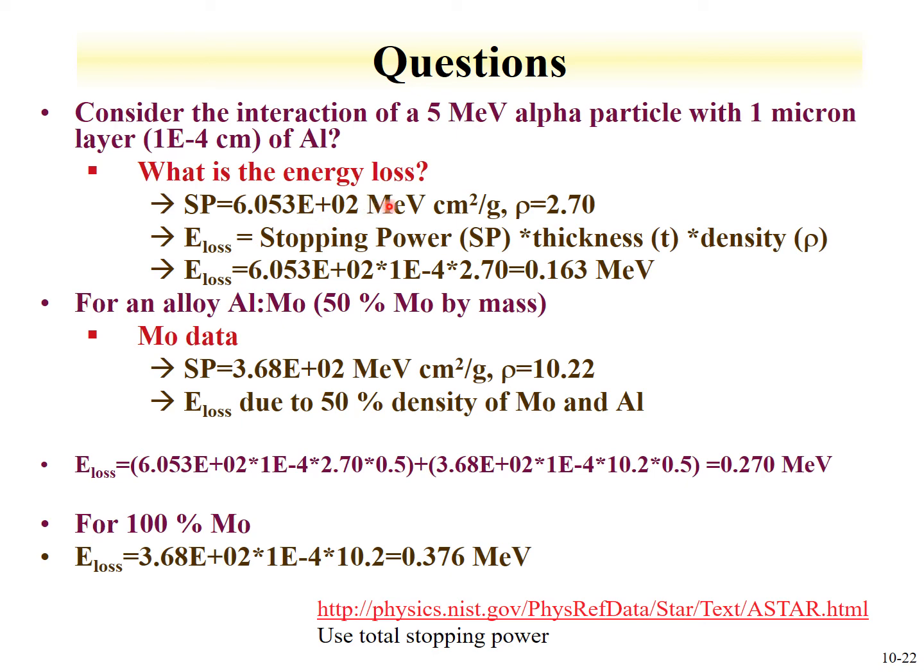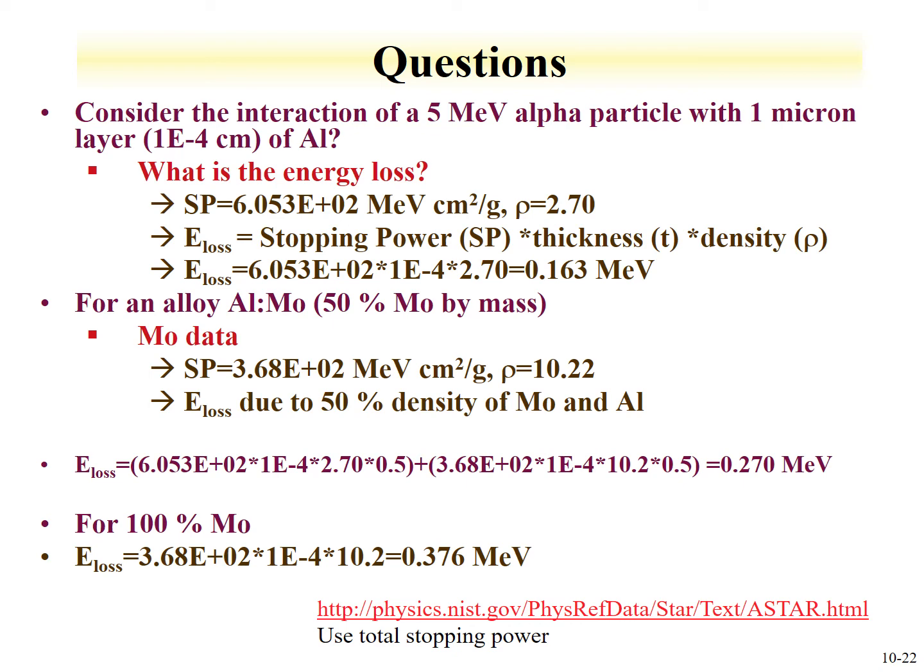Plugging this into the equation, stopping power here, density here, and a thickness of 1 micron, so 10 to the minus 4 centimeters, we get an energy loss of a little over 0.1 MeV. So 0.163 MeV is the energy loss from a 5 MeV alpha particle as it traverses 1 micron of aluminum.